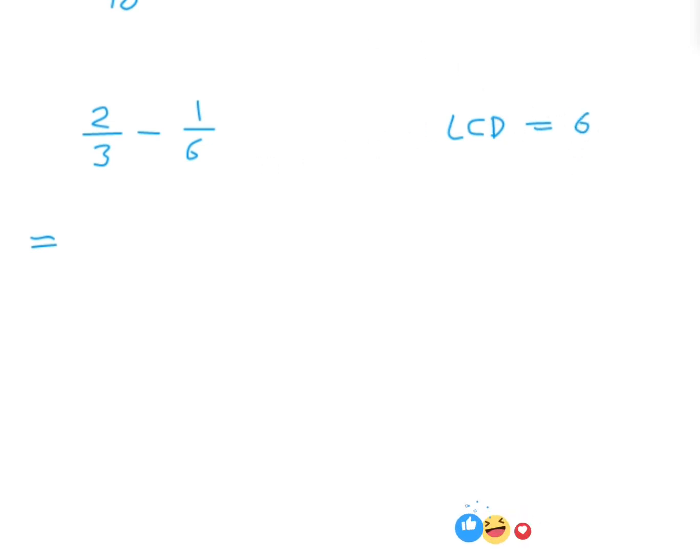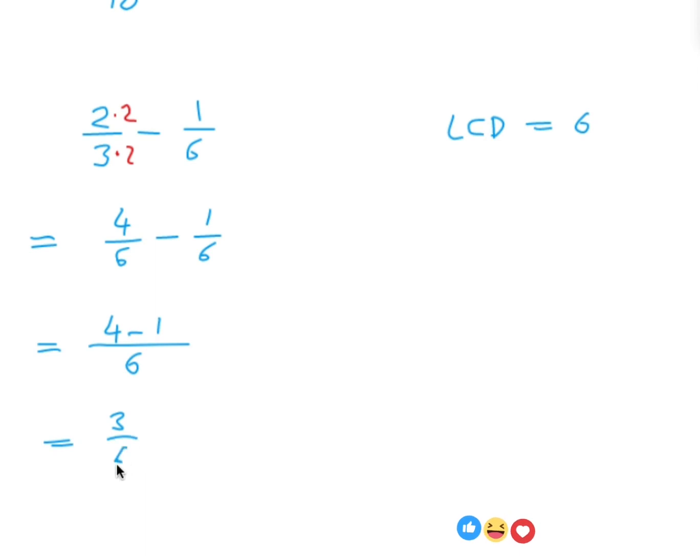So simply multiply by 2, because 3 times 2 is 6. So here 4 upon 6 minus 1 upon 6. Now the denominator is the same. Keep the denominator and simply subtract the numerators. 4 minus 1 is 3 upon 6.